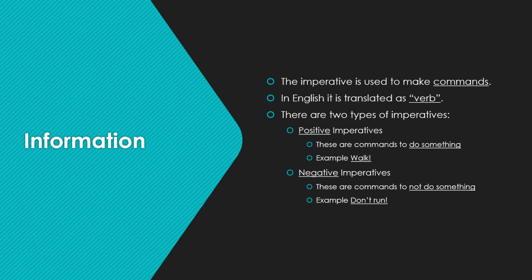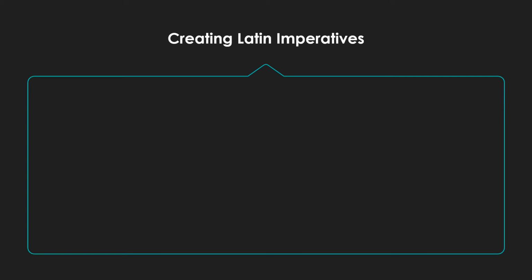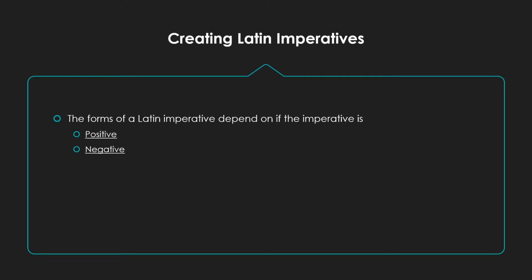Creating imperatives in Latin is nearly as easy. Now, when we create an imperative in Latin, there are a few things we have to take into account. First, we need to know if we're creating a positive or a negative imperative. Additionally, we need to know if this imperative is considered singular or plural.